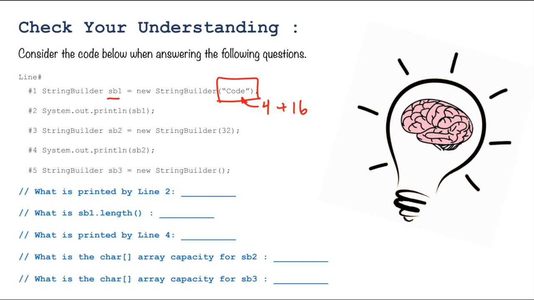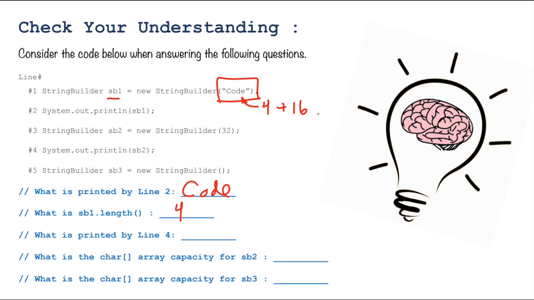So this has a capacity of 20. But when it asks what is printed by line 2, it is going to print code. What is the length of SB1? The length is going to be 4. And if they asked what was the capacity of SB1, the capacity would have been 20.